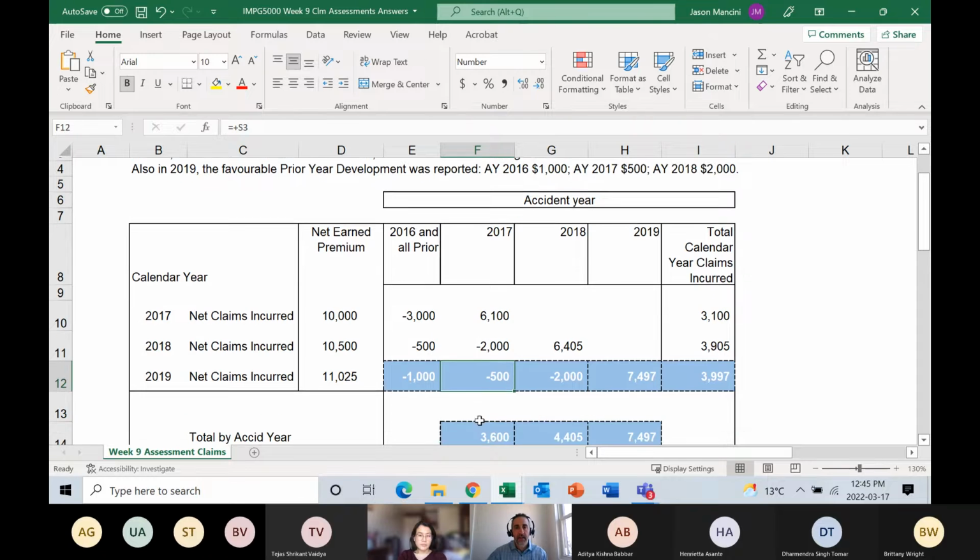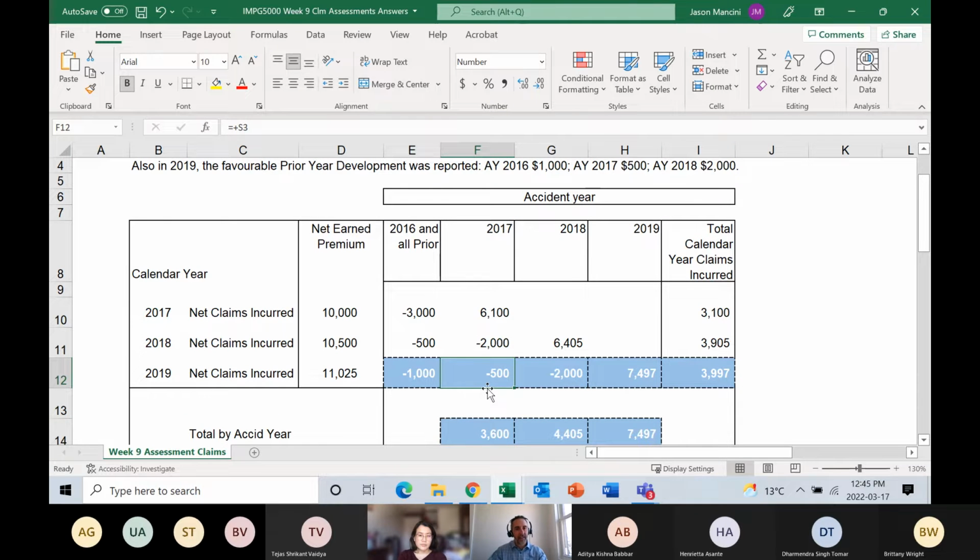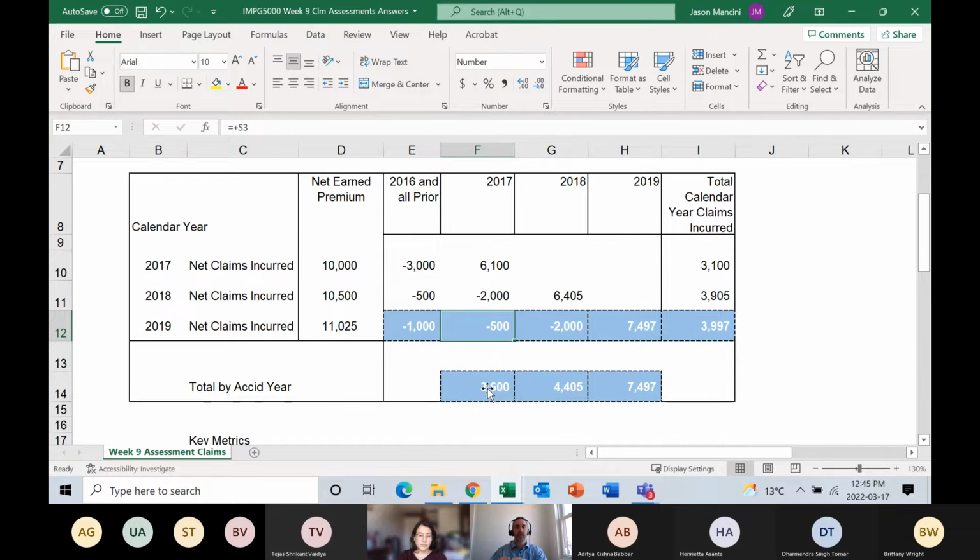And then as time goes on, again, more claims are paid out. Once it's closed, then you don't need the liability, you don't need the reserves any longer. So time goes on, you pay the claims, you could reduce case reserves, you could reduce the IBNR. And we keep track of it by year. And in the end, or at least after 2 years, for any claim that occurred in 2017, we only needed net claims incurred of 3,600.